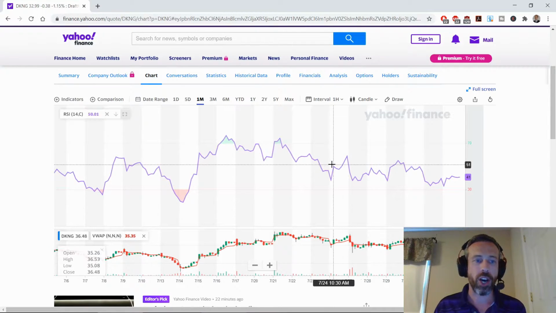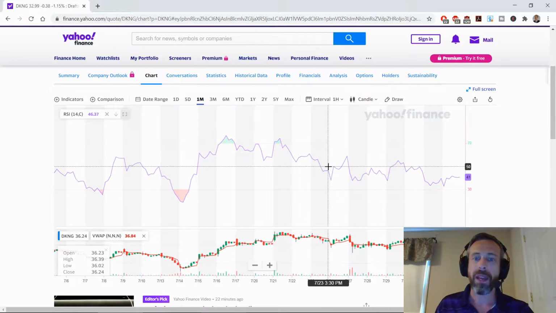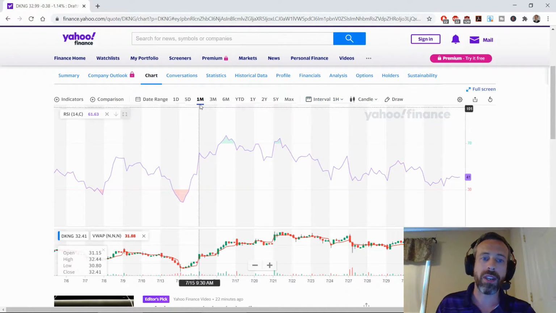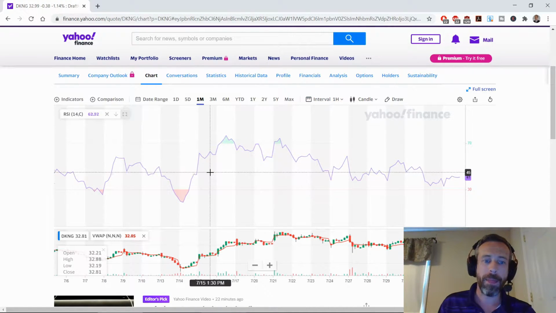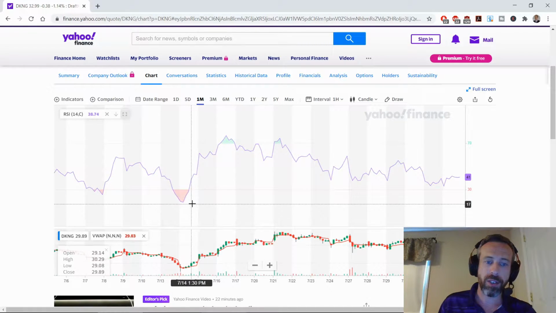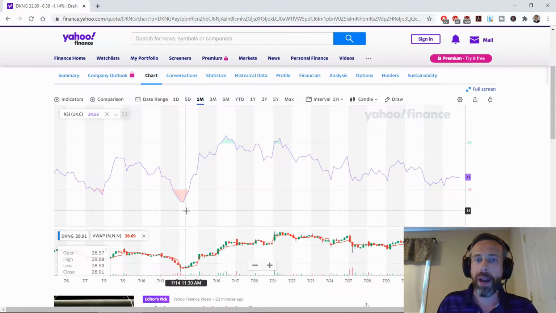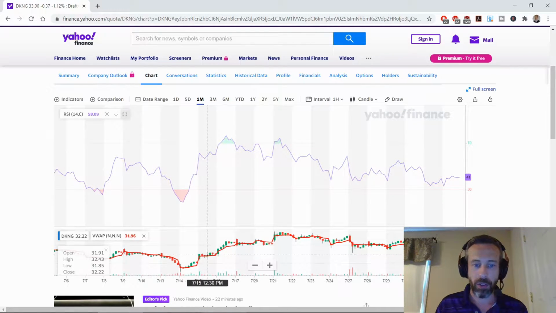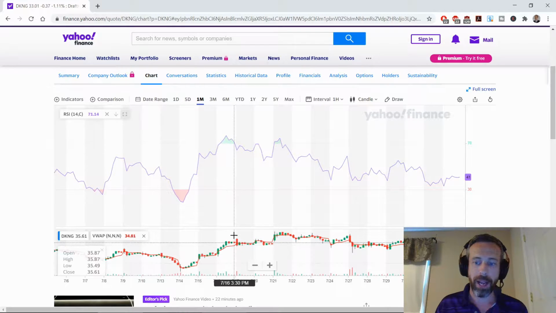But let's look at this chart for DraftKings. In this case, I'm using the hourly chart on a 1 month range. Right? And if you notice over here, we have a period where it was considered oversold. And what happened? Well, there's a rubber band effect, so if you look at the price, it started going back up.